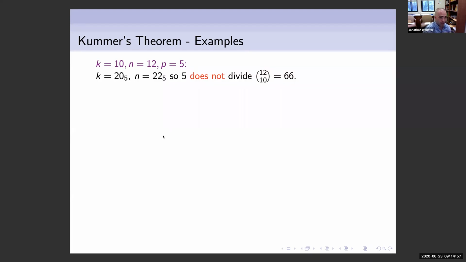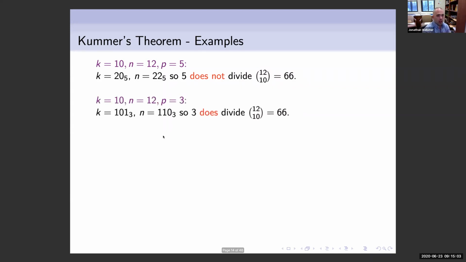And so 5 does not divide 12 choose 10. What about 3? Well, the base 3 representation of 10 is 1, 0, 1, and the base 3 representation of 12 is 1, 1, 0, and now 3 does divide because we have this 1 greater than or equal to 0.